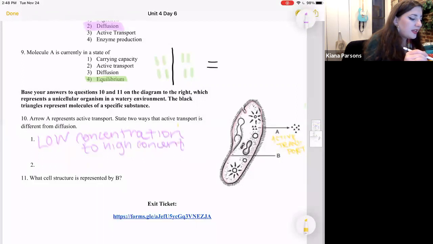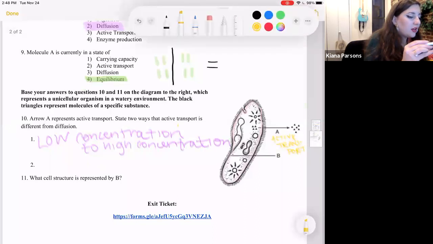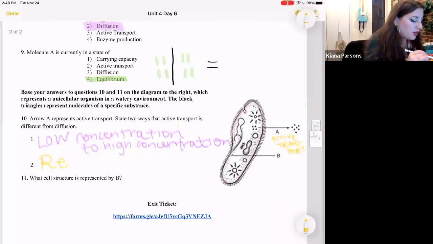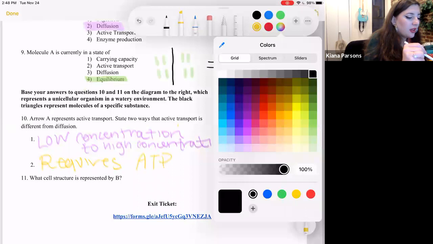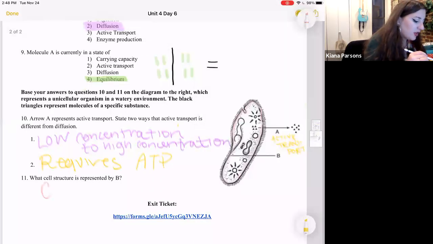And the thing that it needs to go against the concentration gradient requires ATP. What cell structure is represented by B? Well, it's that one that's all important because this is a single-celled organism that makes the outer barrier of the organism itself. That's the cell membrane.